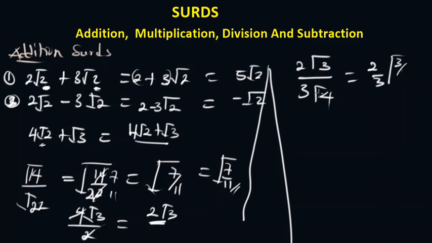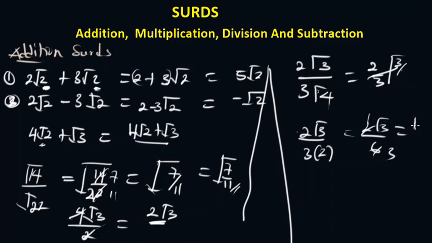So we have to break it down even before we proceed, and this will give us 2 root 3 all over 3 times root 4. Root 4 gives 2, because 2 raised to the power 2 will cancel the root, so we'll have 2 root 3 all over 6. So 2 can go into 2 once and into 6 three times, so we can have root 3 over 3. This is the result for this question.